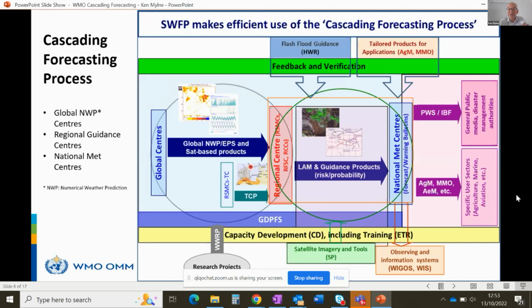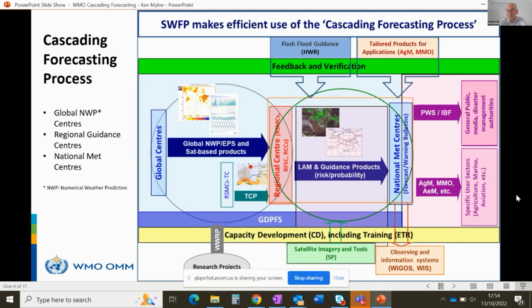And that regional centre takes these global products, global data, and derives from it some guidance on severe weather risks and things for the region of responsibility. So in the case of Pretoria, that's these 16 countries in Southern Africa. And then they cascade that guidance out to the national Met Centres.